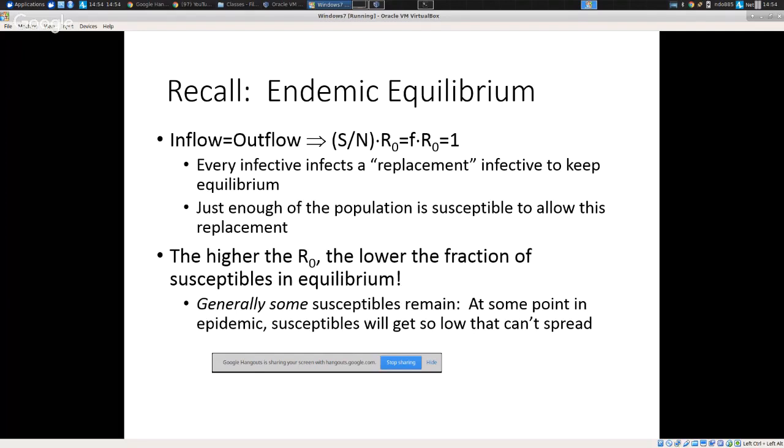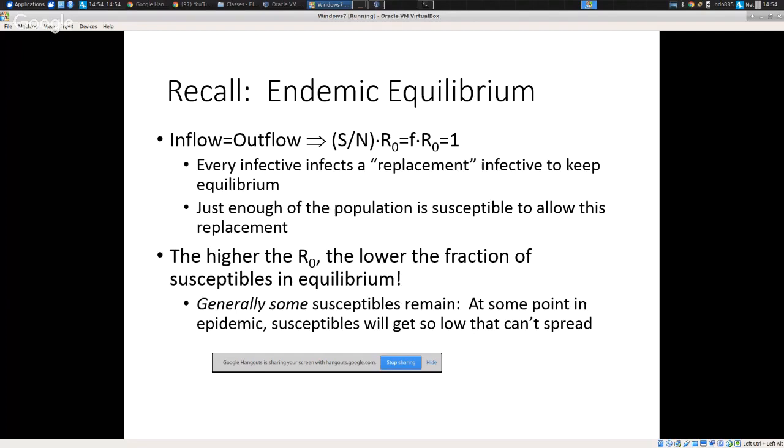I noted that, look, R star is equal to C times beta times D times S over N. Where did those come from? Well, from simple reasoning about the situation. Each infective contacts C people per unit time.